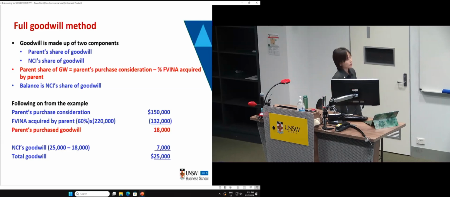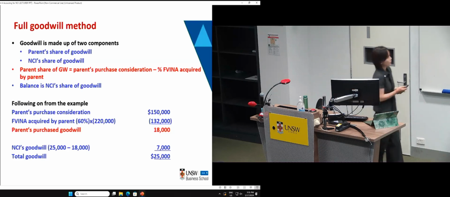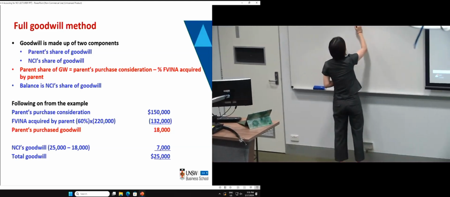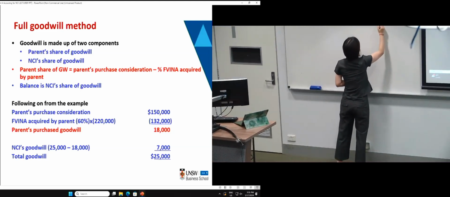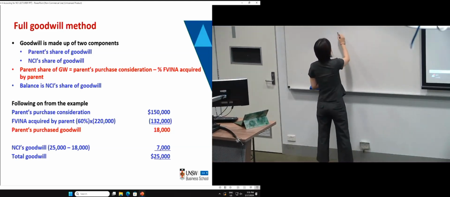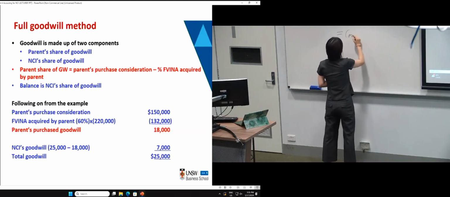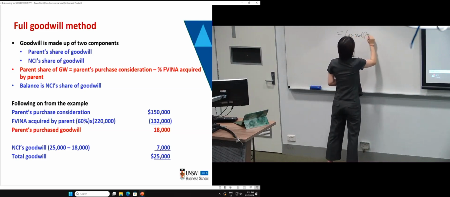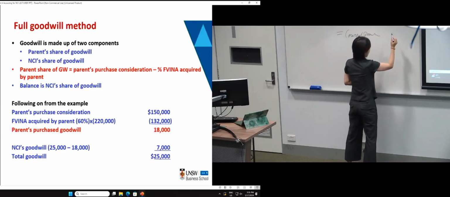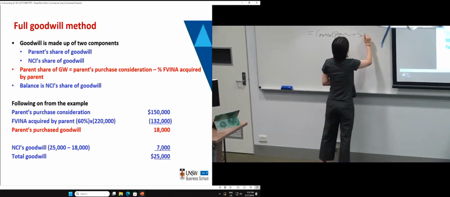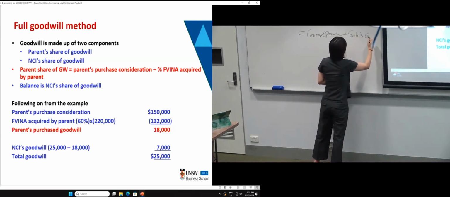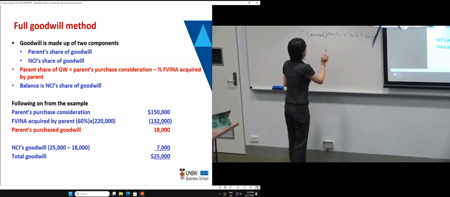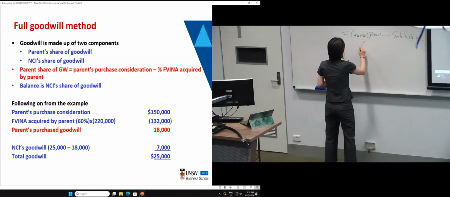Now in the alternative method, the total goodwill is also made of two components. Okay. So this is the total goodwill, also made of two components. That is the control premium paid by the parent plus the subsidiary's goodwill. Okay. Now how do you allocate these? The control premium 100% belongs to the parent, of course.